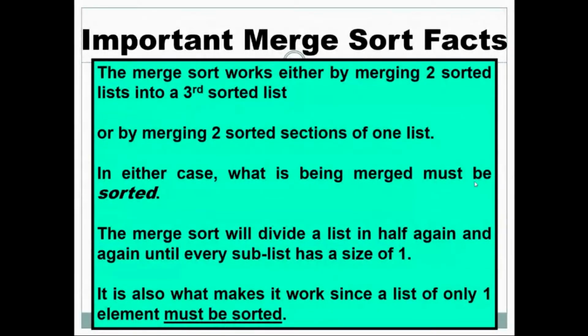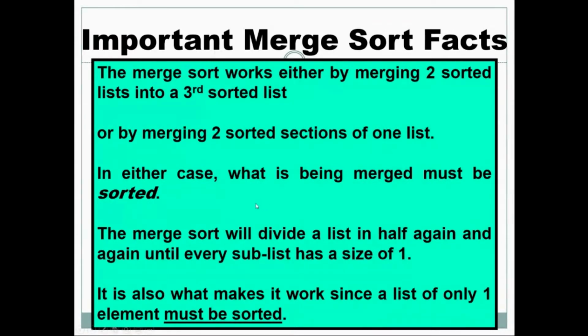So there are important facts. First, very important, is merging two sorted lists into a third sorted list. So MergeSort needs temporary storage. We call it a copy buffer in our lab. Then by merging two sorted sections of one list, the zipper merge algorithm will be done.